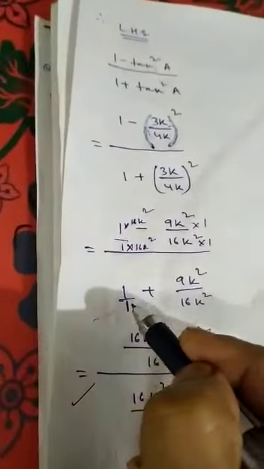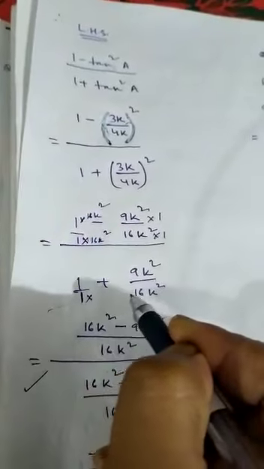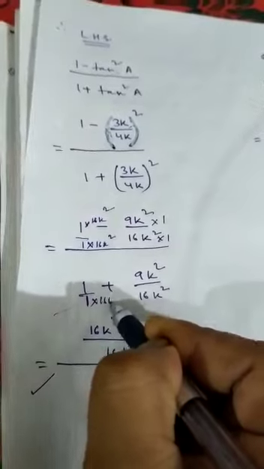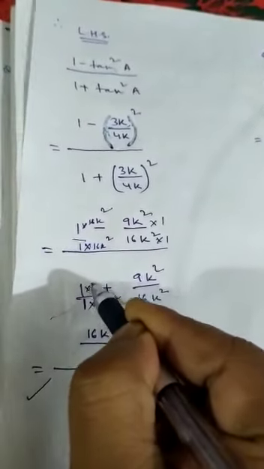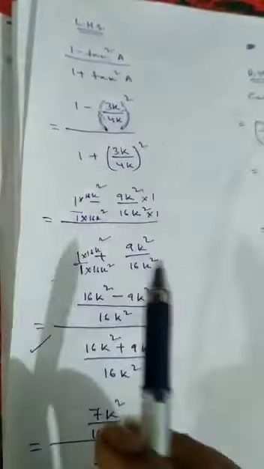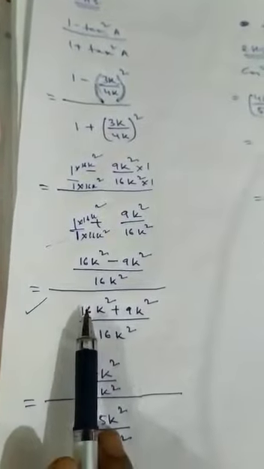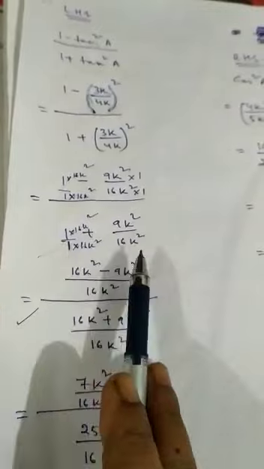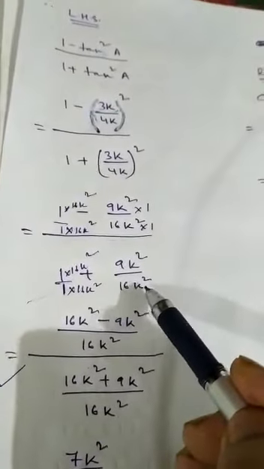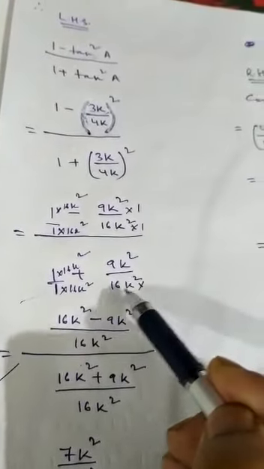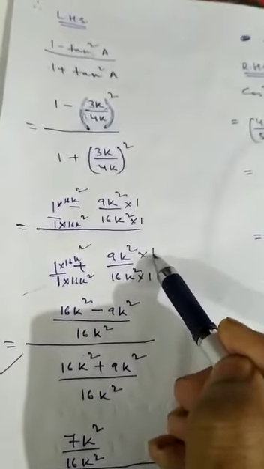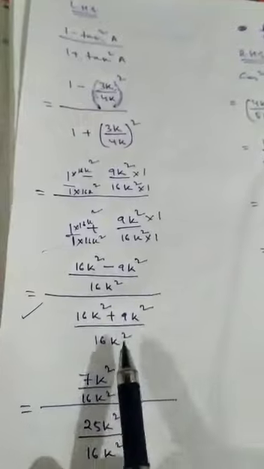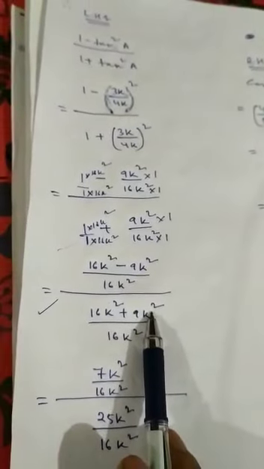So what number will I multiply with 1 to get 16k square? It is 16k square only, so in the numerator also I will multiply 16k square. 16k square into 1 is 16k square, plus. LCM is 16k square. So what number will I multiply with 16k square to get 16k square? It is 1. So in the numerator also I will multiply 1. 9k square into 1 is 9k square, right?